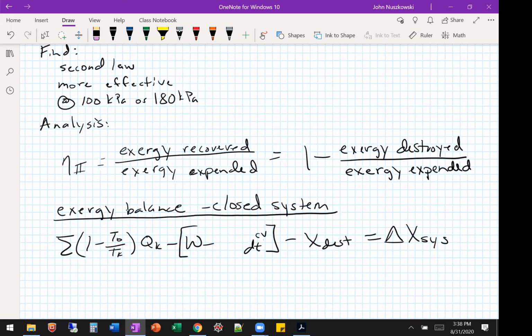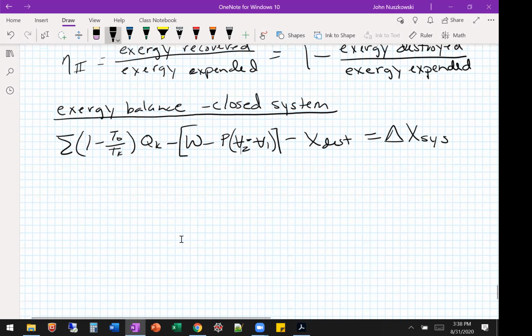I'm mixing up my exergy balances, sorry. Let me just stop for a second, make sure I don't have any other mess ups. Okay, so we have heat transfer, so we've got to leave that in. So we have 1 minus T naught over the reservoir temperature, TR, that was given.